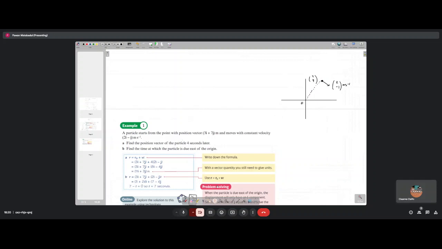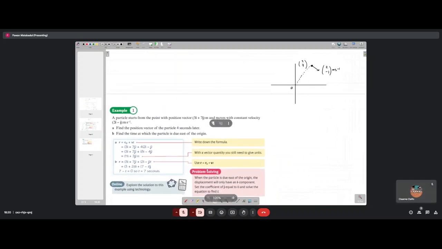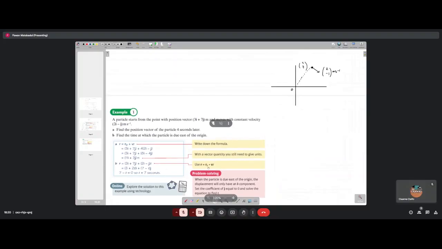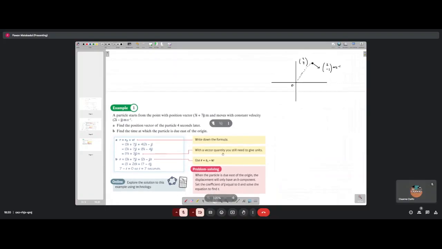Okay, and what does it say here? So it says find the position vector of the particle 4 seconds later. So this is just a simple speed is equal to distance divided by time. Notice what they've done is they've just used this formula.